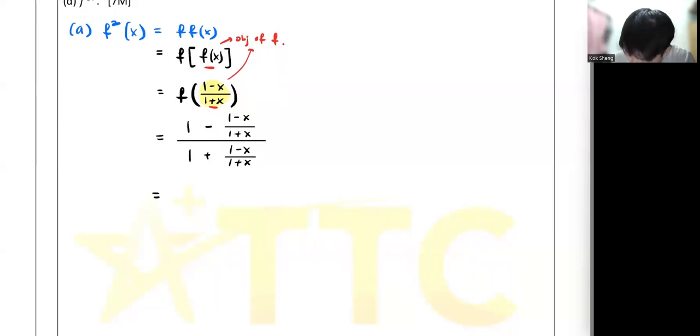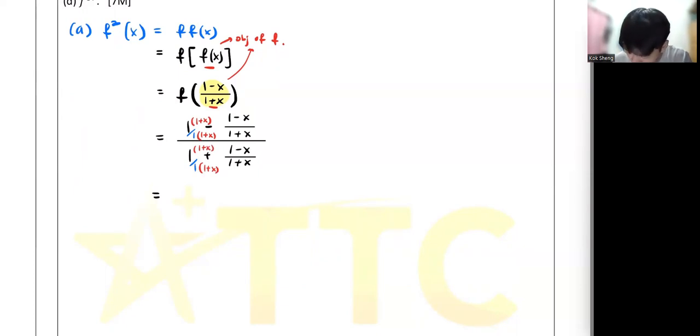For this one, bottom is 1, and this is also bottom 1. So to make the bottom same, you have to times 1 plus x on top, and on the bottom you have to times 1 plus x on top also.